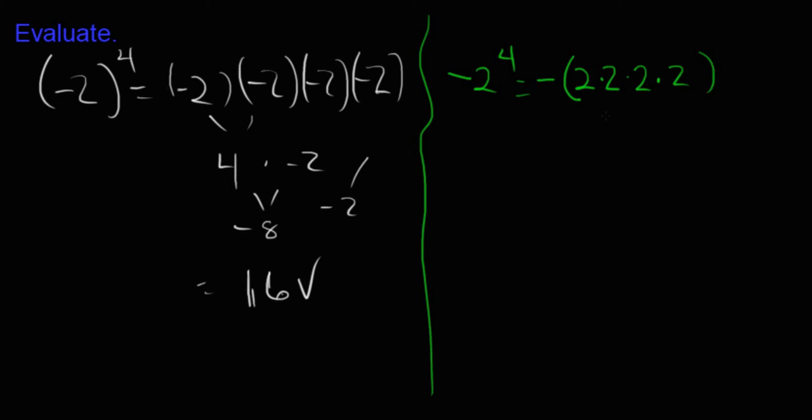So that equals 2 times 2, 4 times 2, 8 times 2, 16. We bring the negative all the way down. So we have -2 to the 4th with no parentheses equals -16. -2 to the 4th inside of parentheses equals a positive 16.